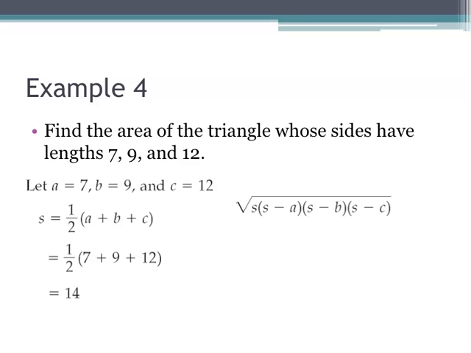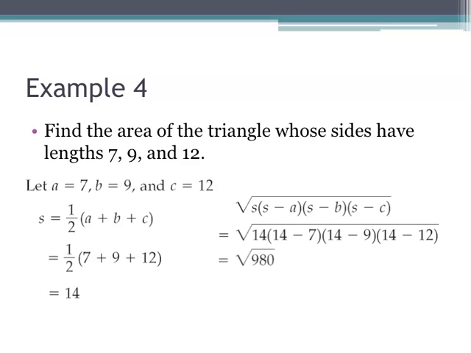So that's going to be 14 times 14 minus 7 times 14 minus 9 times 14 minus 12. So that's what, 14 times 7 times 5 times 2, which is 980. And then the square root of 980 is about 31.3. So the area of a triangle with sides 7, 9, and 12 is going to come out to be about 31.3 square units.